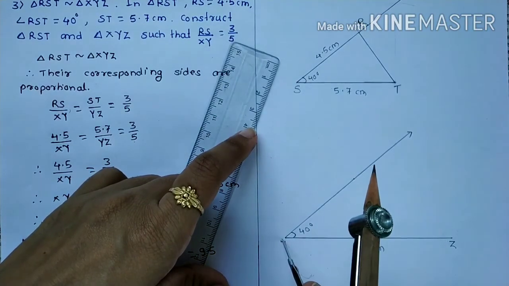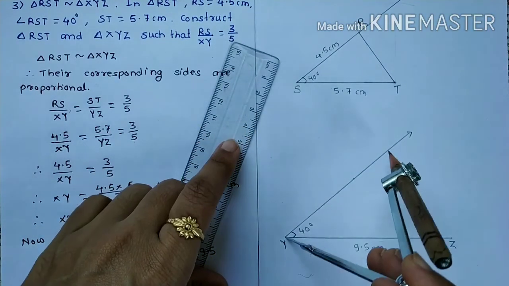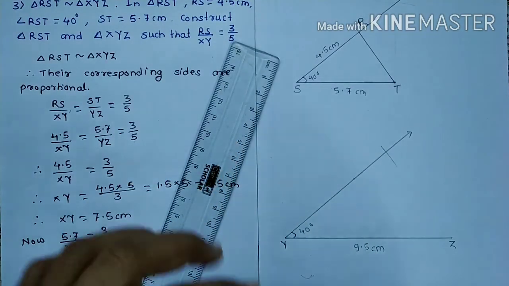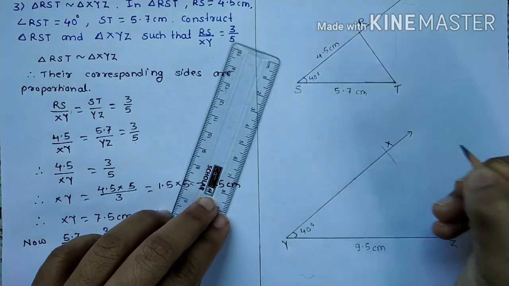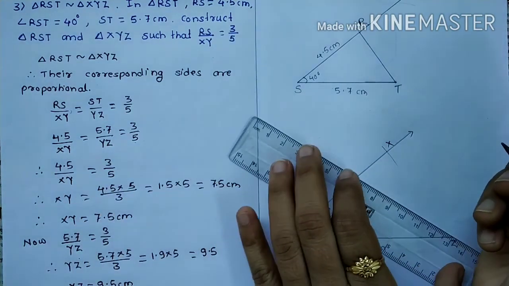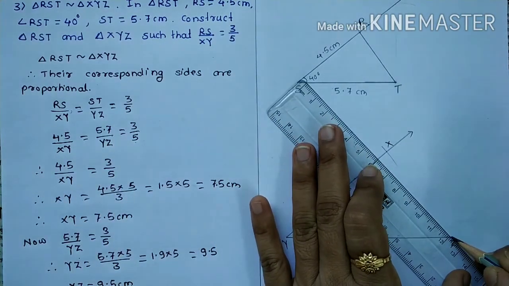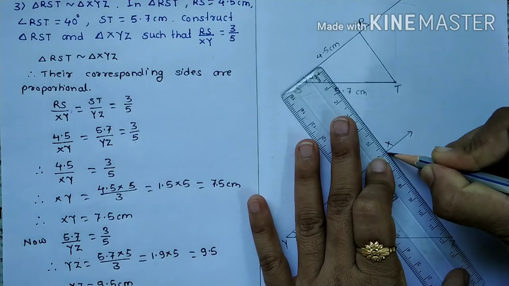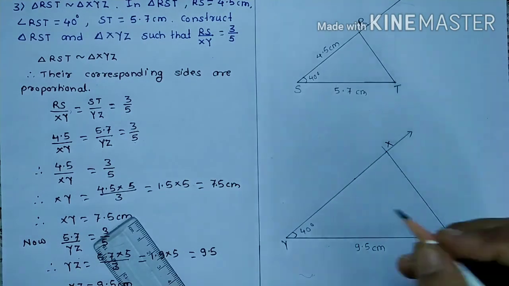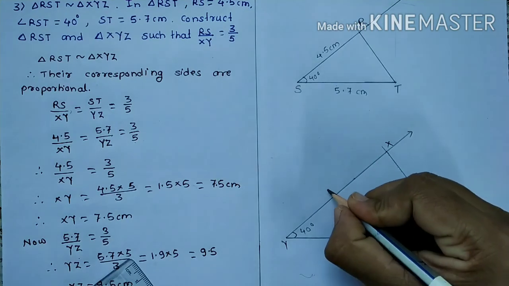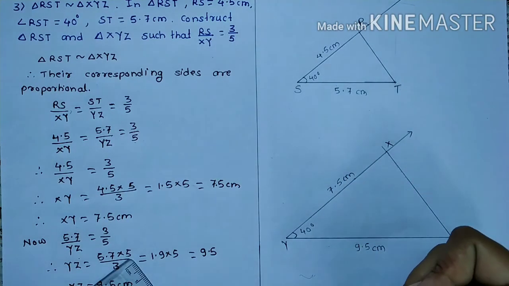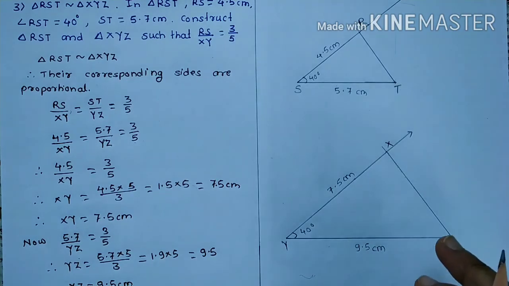Now cut arc from point Y in this way. This point is X. XY is 7.5 centimeter. In this way, we solve example 3.